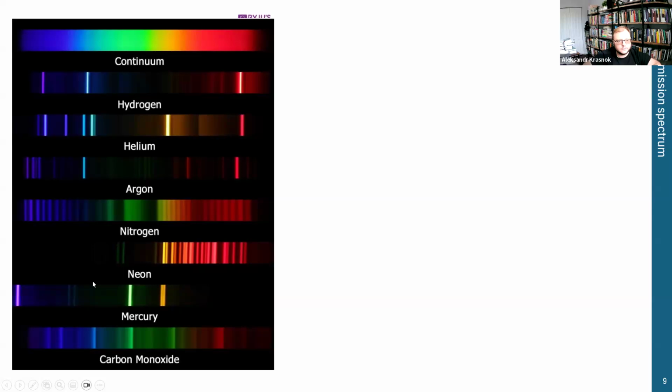All these gases have a unique spectrum. You can say it's like a gas fingerprint, right? It's very, very unique. Using this approach, for example, measuring the light that comes from the sun and making this spectrum, we can exactly say what gases the sun is composed of, and how much hydrogen versus helium, for example, is in the sun.